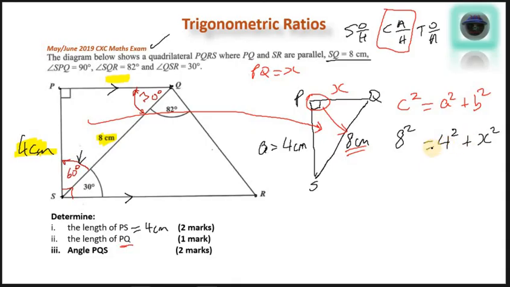Let me just explain this quickly. In the formula, c is our hypotenuse, the side that faces the right angle. So we replace c with 8. What about a and b? Obviously, the other two sides. Since we identified the hypotenuse as 8, the other two sides will be a and b. It doesn't matter which one is a or which one is b, because we're adding, and the order doesn't matter.